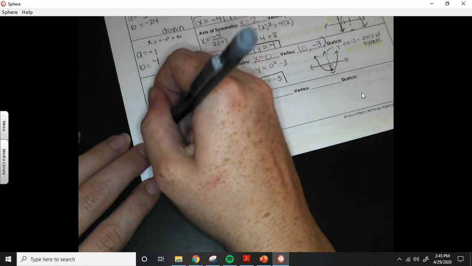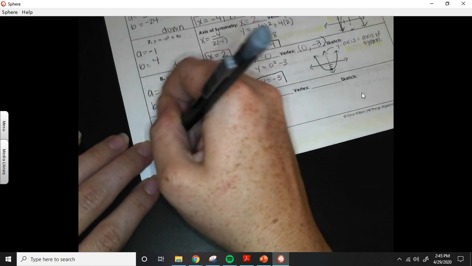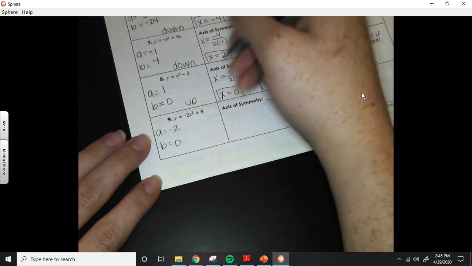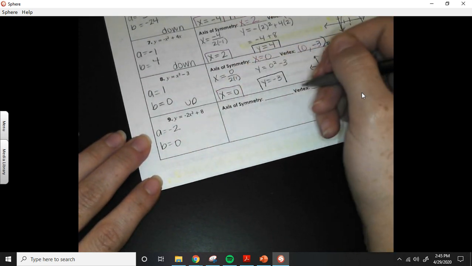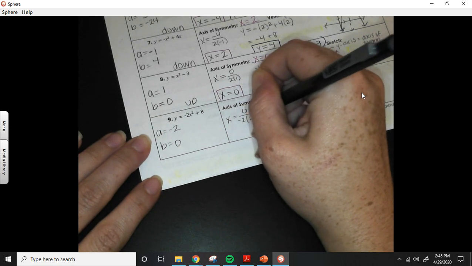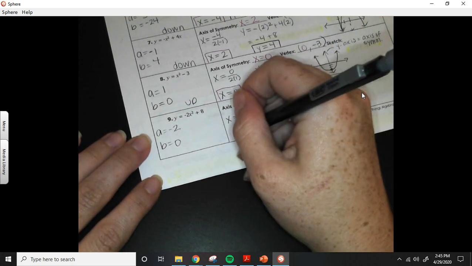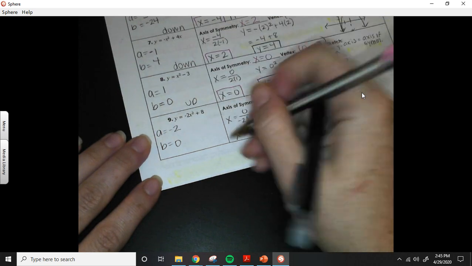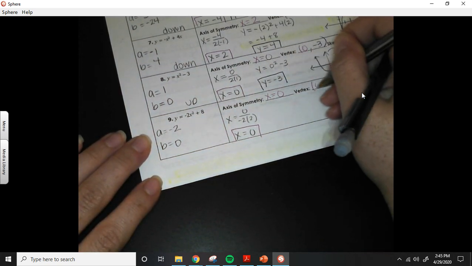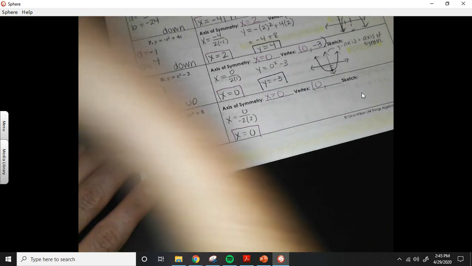Last one, A is negative 2, B, again, there's no B, so B is 0. 0 over anything is just 0, x equals 0. And I'm sure some of you have seen already, if we plug in 0 for x, we are going to get 8 for y.